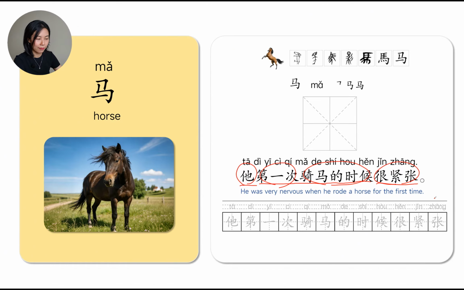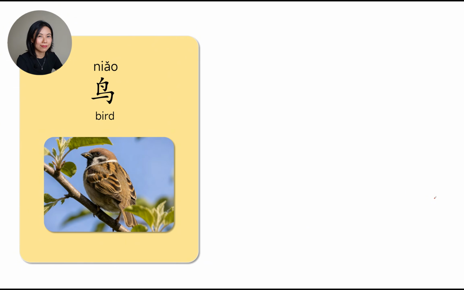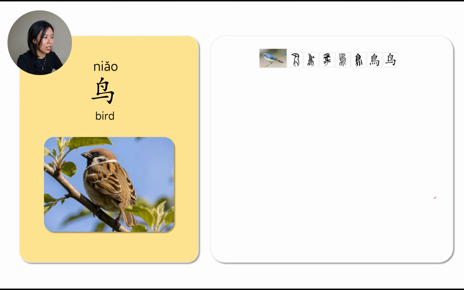下一个鸟 is the bird. And here is the evolution of the character 鸟. It evolved from the look of a bird. After thousands of years of evolution, now we have this 鸟 character for modern days.